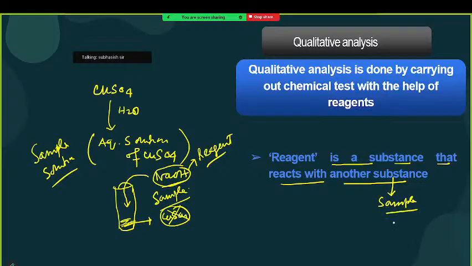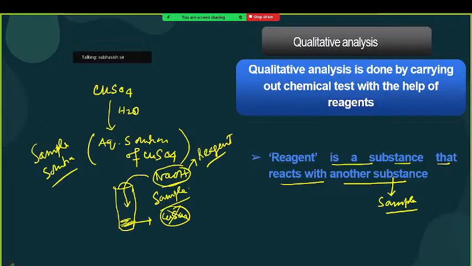In order to determine the sample, you have to add some chemicals externally, and those substances are known as reagents. A reagent is nothing but a chemical by which we can determine the nature of the salt, or what acid radical or basic radical is present in a given sample.